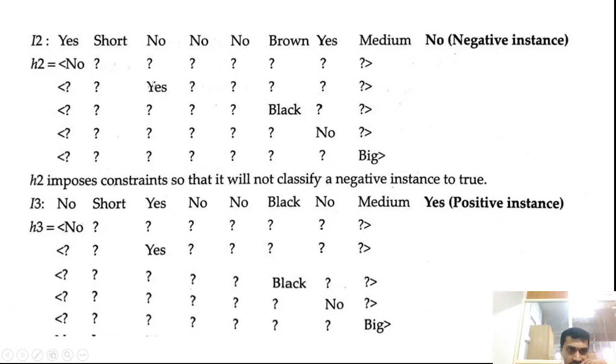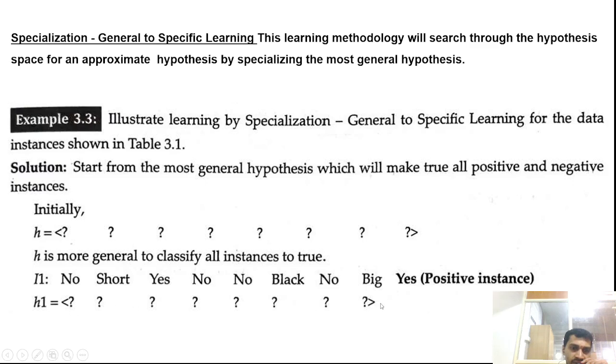Now, when it comes to iteration 2, it is a negative instance, where the attributes are yes, short, no, no, no, brown, yes, medium, right? The values of the attributes are this way. Initially I defined my hypothesis with all question marks.